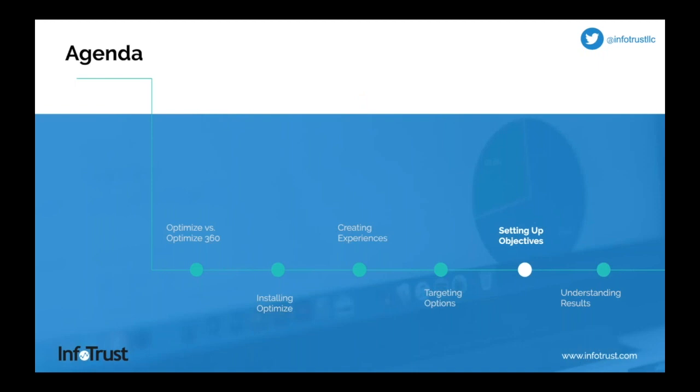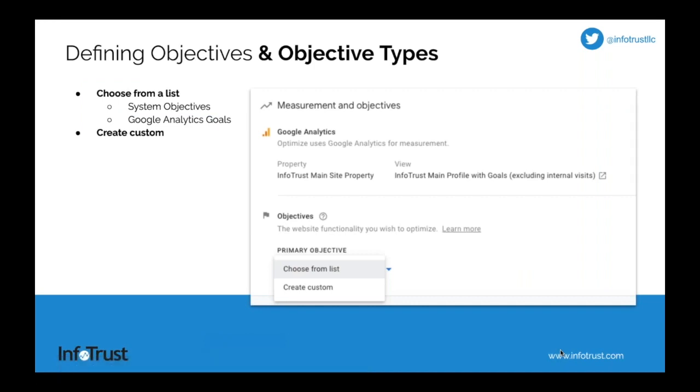Okay, so next we're going to talk about setting up objectives. Because this integrates directly with Google Analytics, this is a very intuitive setup process. Based on the property and the view that you link to your experience, you automatically have all of your Google Analytics goals directly imported into Google Optimize.